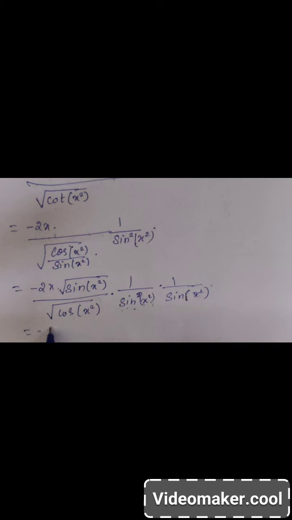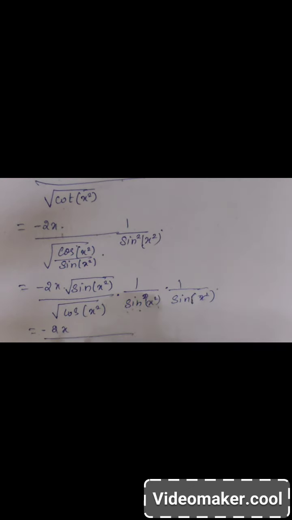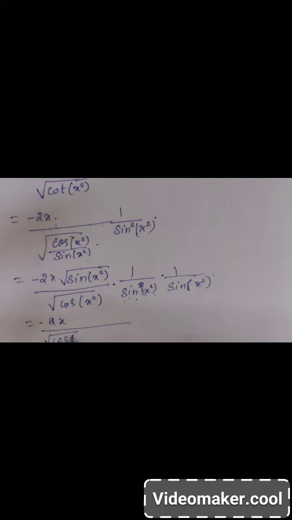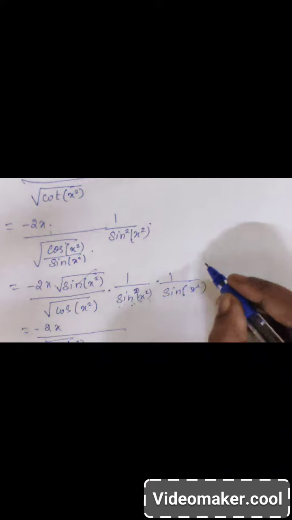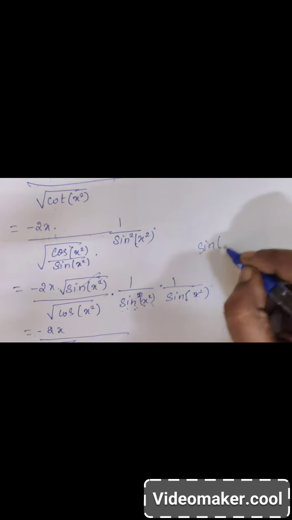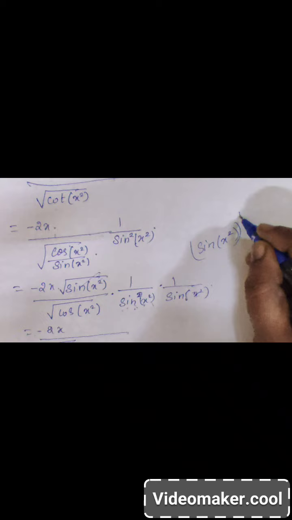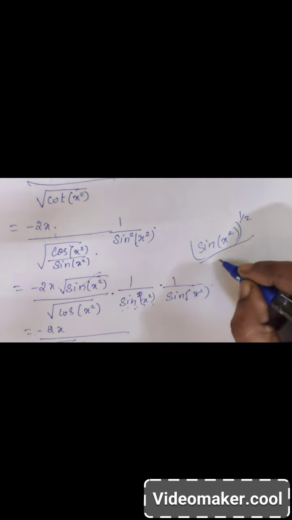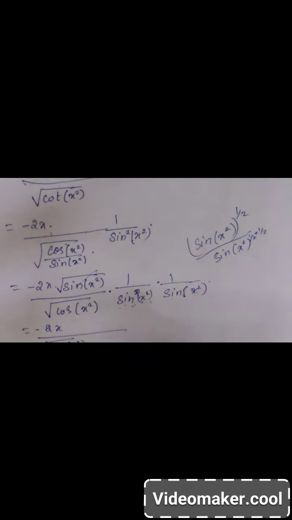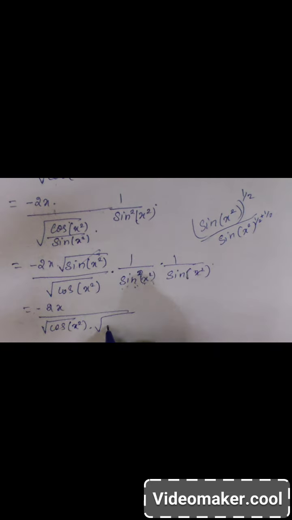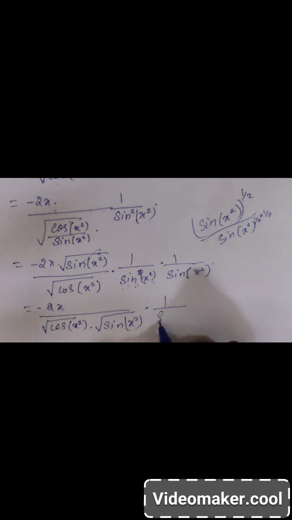So we can simplify this as 2x divided by square root of cos of x square, and after cancelling the powers, we have sine x square power 1 by 2 in the numerator and sine of x square in the denominator. When we simplify this we will get square root of sine x square, 1 divided by sine of x square.